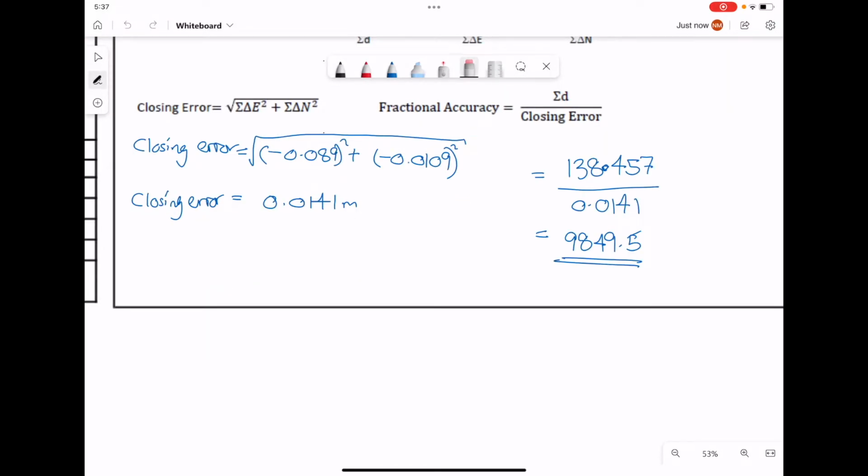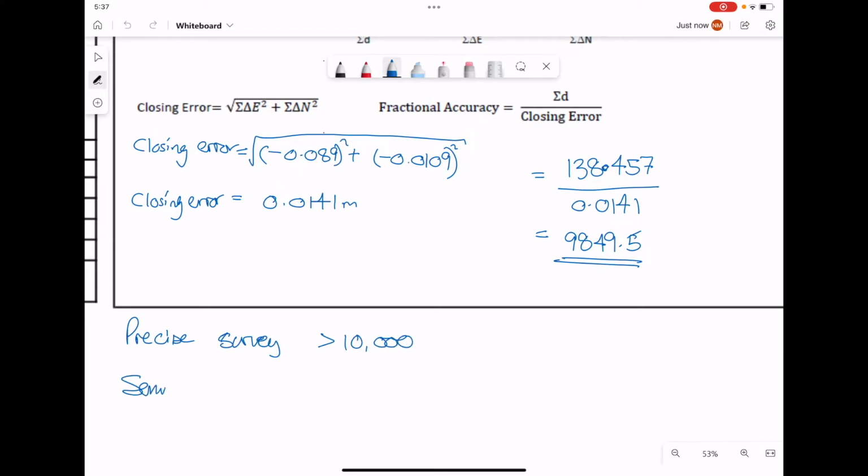To explain the fractional accuracy, we want to compare our calculated value of 9,849 against given standards. So for a precise survey, we would be looking for the fractional accuracy in excess of a value of 10,000.